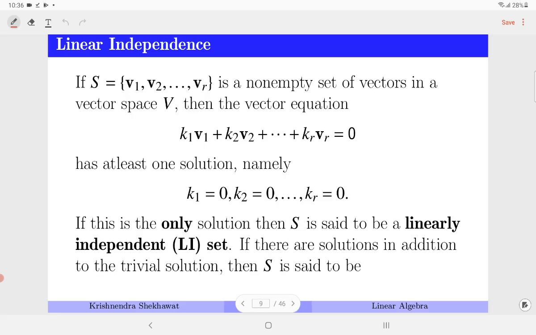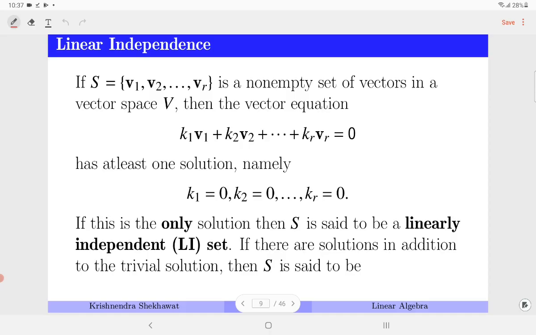If you see it in terms of a system of equations, it is a homogeneous system of equations which has for sure the trivial solution. But if you see it in terms of vector spaces, it is saying that if it has a solution where each scalar is 0, and this is the only solution, we say set S is linearly independent.